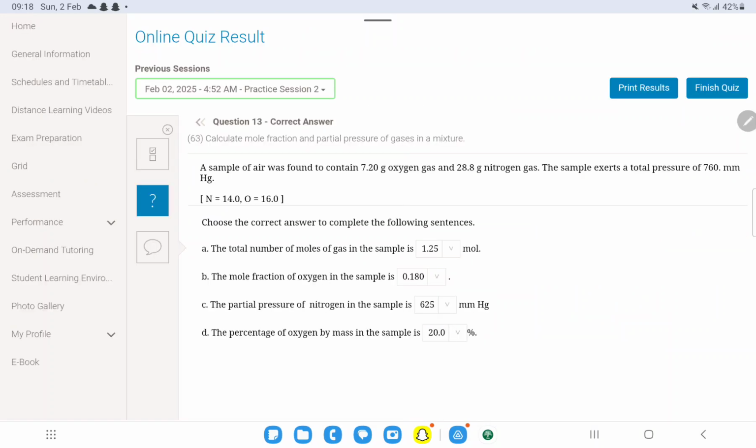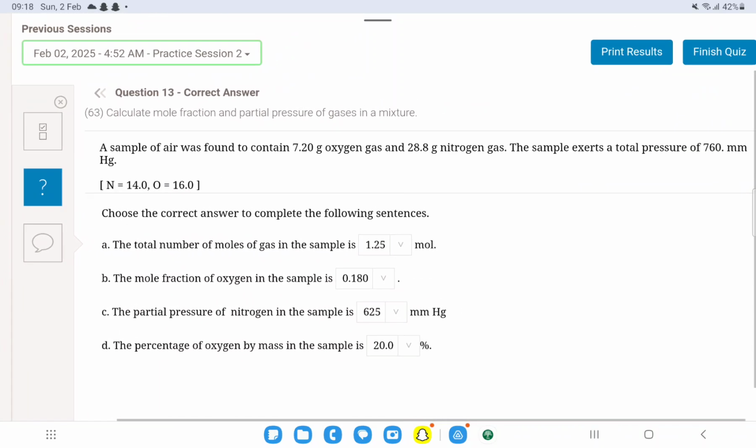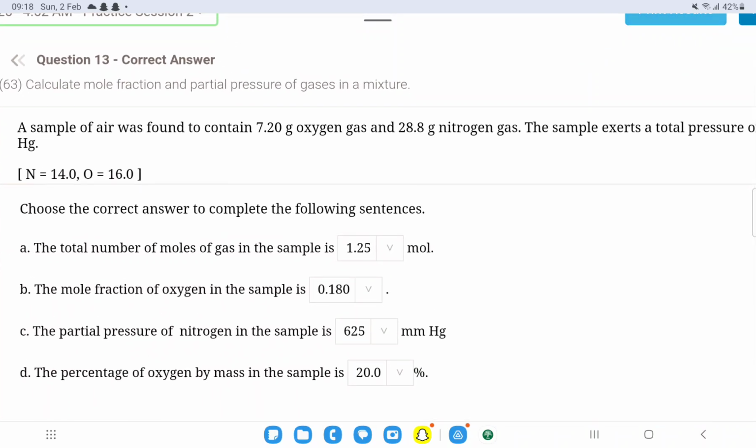For this question, a sample of air was found to be 7.20 grams of oxygen gas and 28.8 grams of nitrogen gas. Here they want the number of moles to begin with.